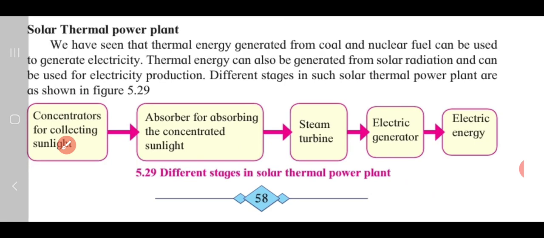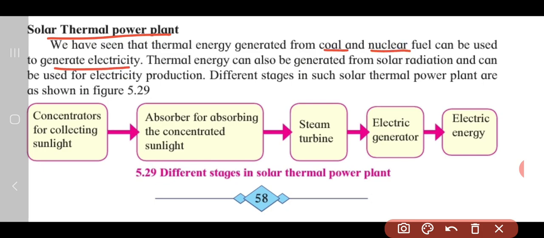If we talk about a solar thermal power plant, we have seen thermal energy generated from coal and nuclear fuel to generate electricity, and thermal energy can also be generated from solar radiation and used for electricity production.